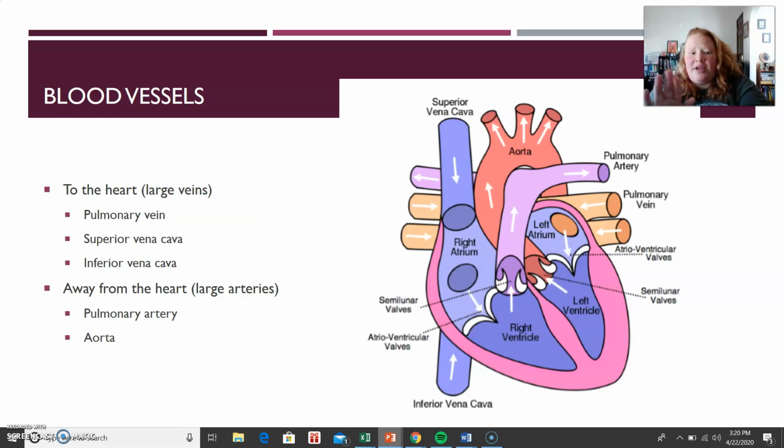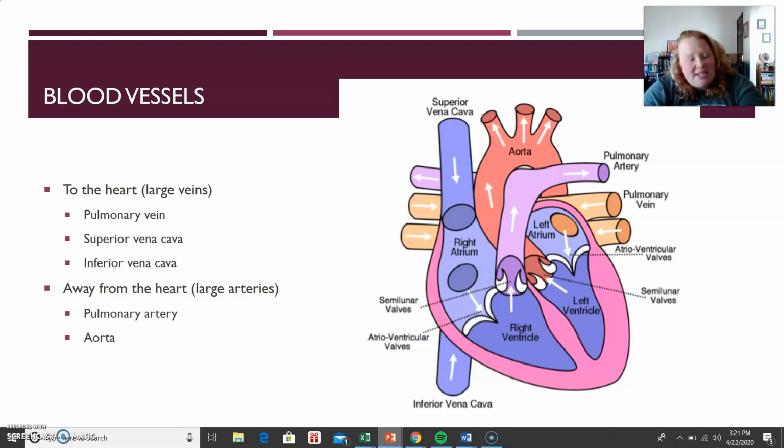One more thing about arteries and veins. Your heart beats and that blood pushes through your arteries, so your arteries typically have a higher pressure in them, and there's more force of that blood moving through them.